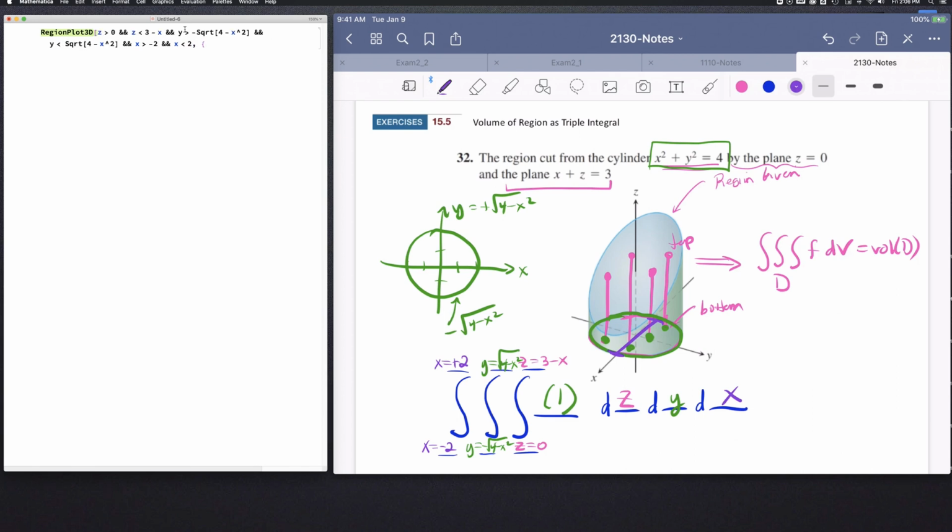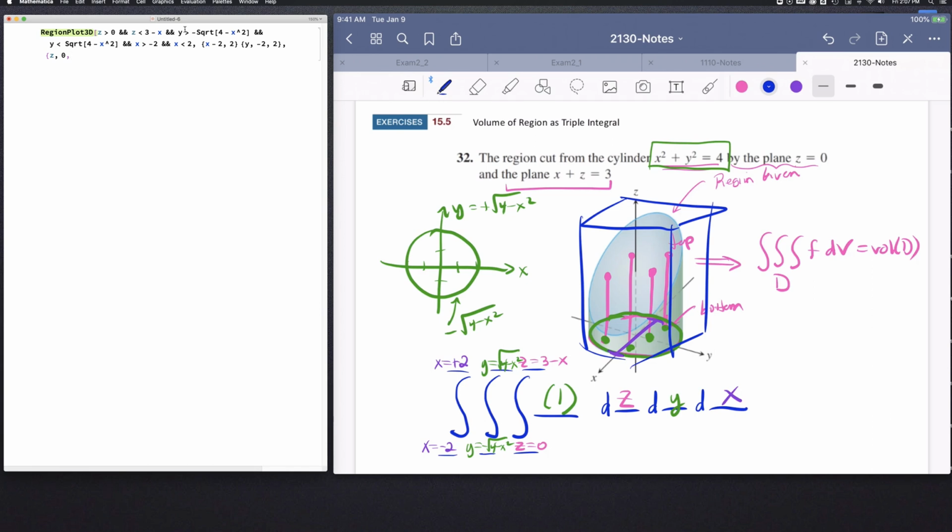If we plot these inequalities inside of a box, let's say that box goes from x from -2 to 2, y from -2 to 2, and z going from 0 up to, it's not clear how high that should go.